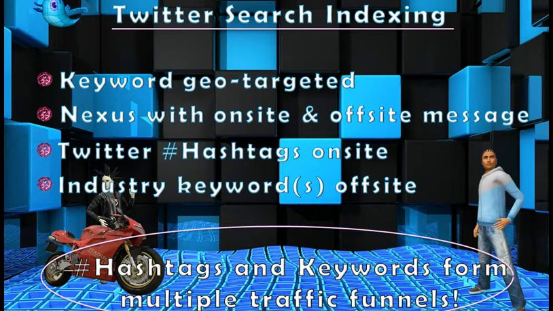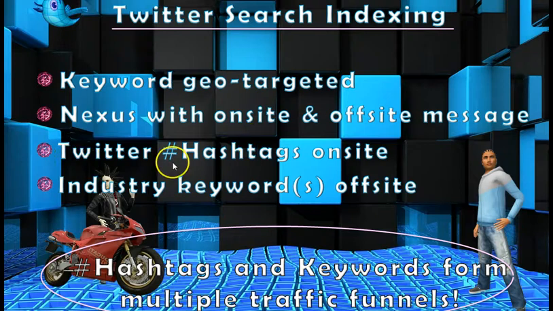The next is, as we said in the opening, there's a nexus with on-site and off-site messaging. You must introduce your products and services to potential sales leads by search habits they've already formed. Building a brand by your business name or personal name, if it's a sole proprietorship, is an expensive proposition, but capitalizing on search habits customers have already formed gives you an immediate advantage.